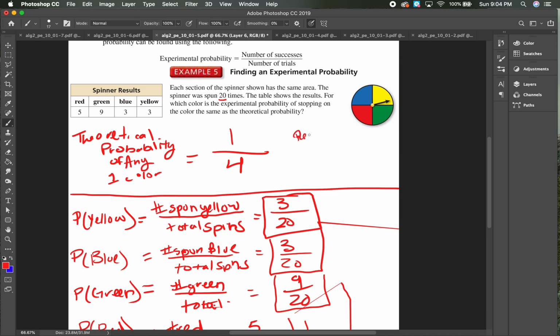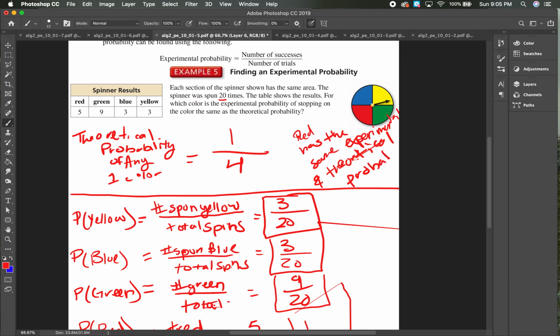So red has the same experimental and theoretical. Sorry, it's delayed a little bit, so okay.